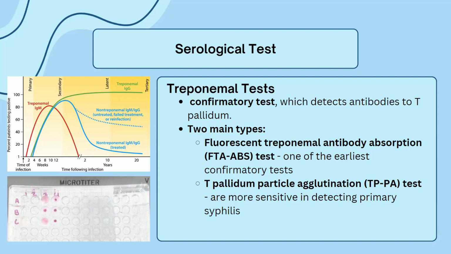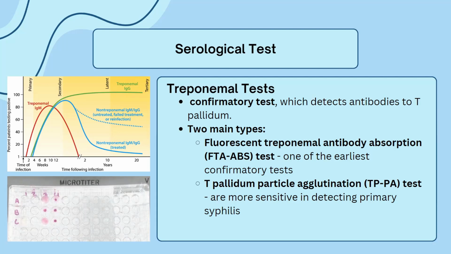The fluorescent treponemal antibody absorption is one of the earliest confirmatory tests. In this test, a dilution of heat-inactivated patient serum is incubated with a sorbent consisting of an extract of non-pathogenic treponemes, which removes antibodies that cross-react with treponemes other than T. pallidum.